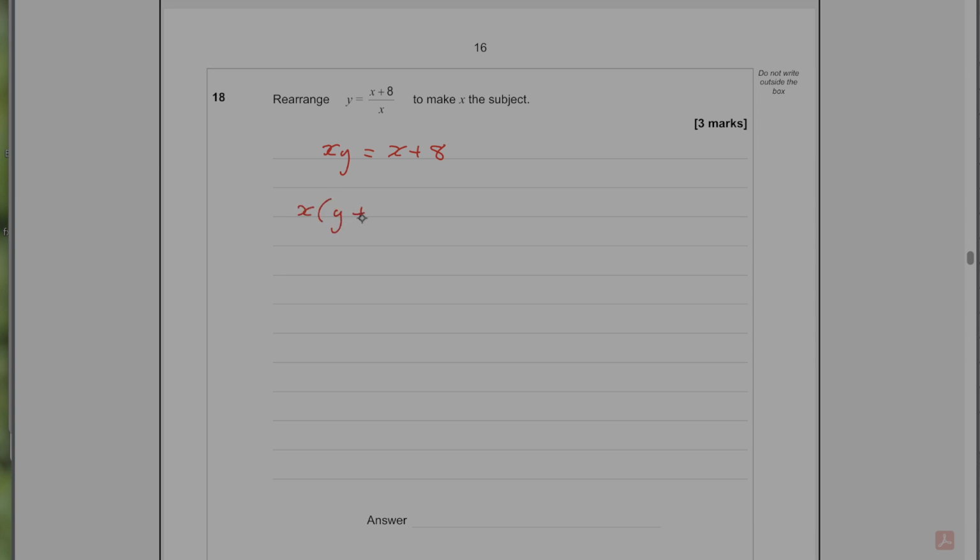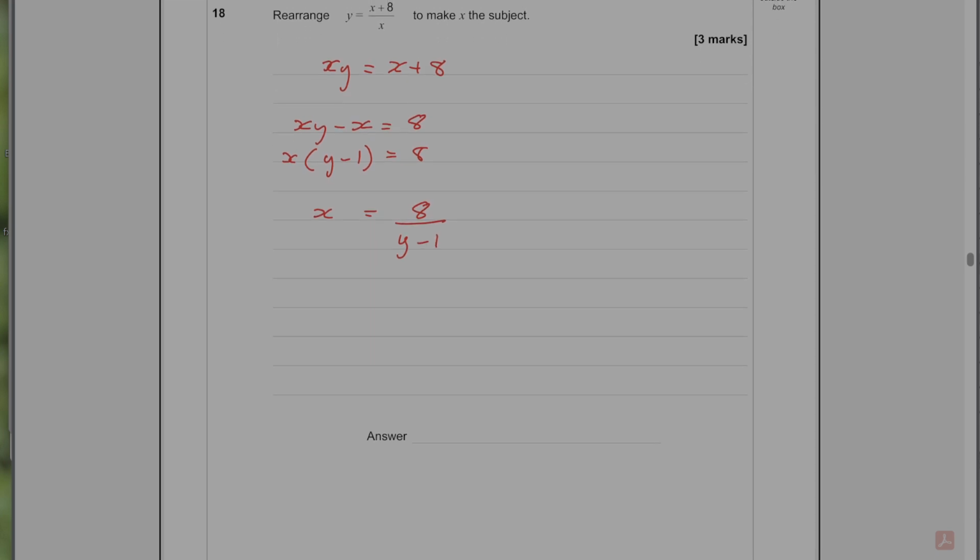So xy minus x is equal to 8. Then factorize: x times (y minus 1). And then divide by that factor. So 8 divided by y minus 1. So x is going to be equal to 8 over y minus 1.